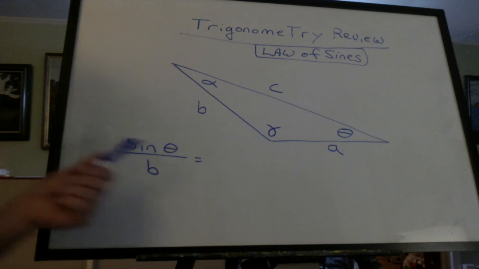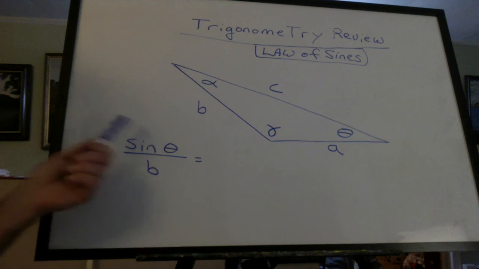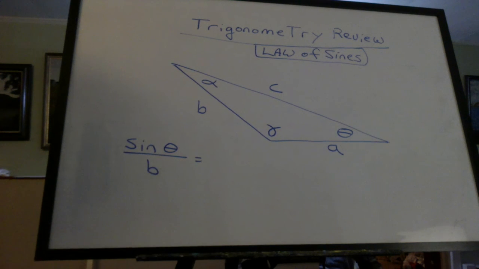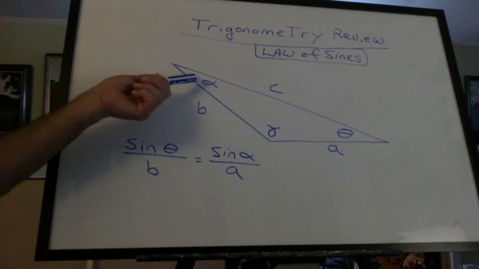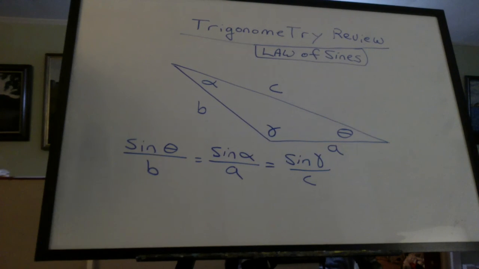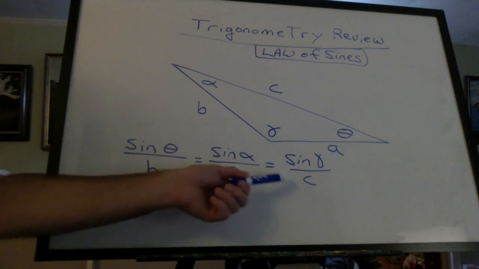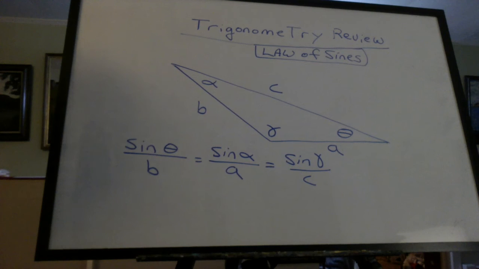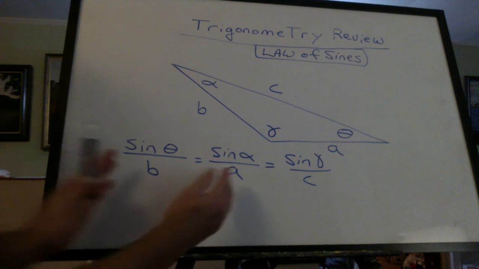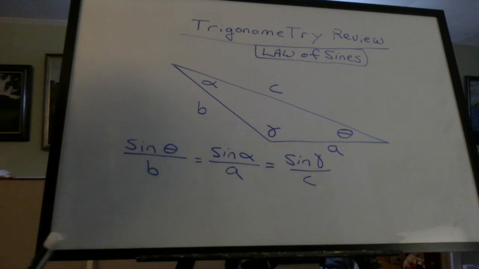It's just the sine of one angle divided by the length of the opposite side is a ratio which is equal to the sine of another angle over its opposite side. And that is equal to the sine of the last angle divided by its opposite side. So it's a pretty easy formula to remember, and you only need to use 2 parts at a time. You don't use all 3 at once.